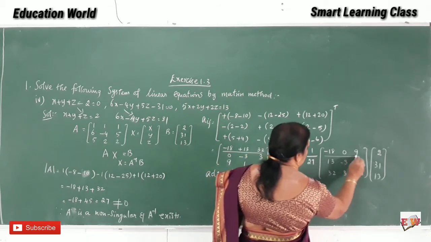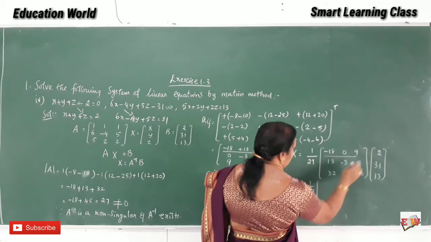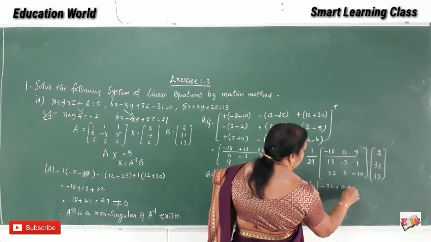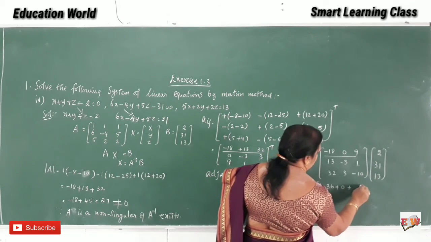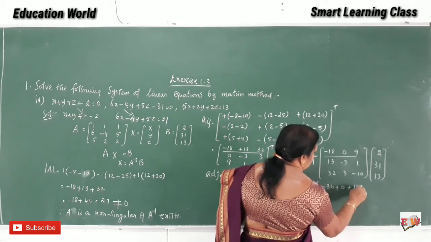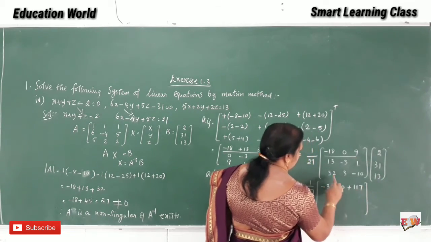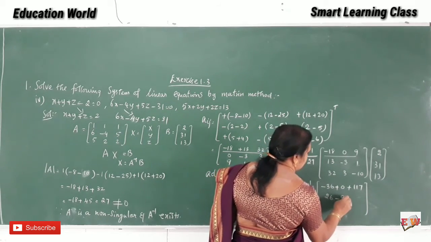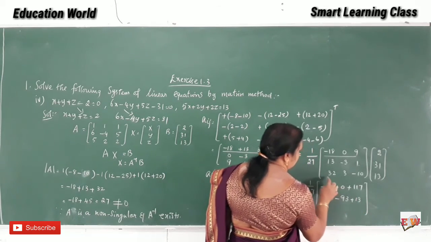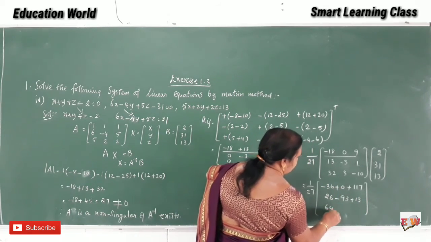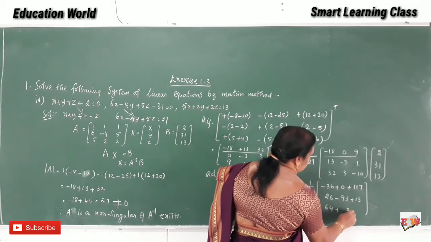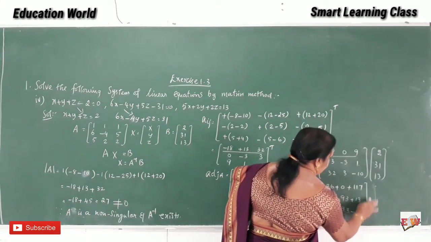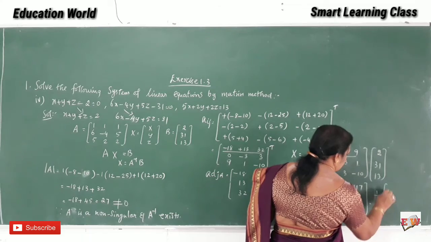Matrix multiplication: first row and first column, minus 36, 0 plus 13 into 9. Then second row, first column: 26 minus 93 plus 13. Then 64 plus 93 minus 130. Then 1 by 27.